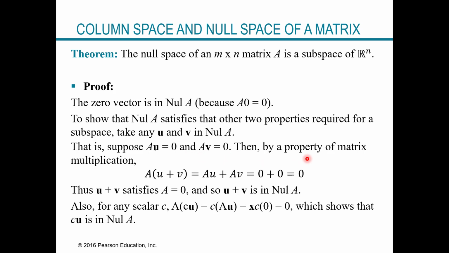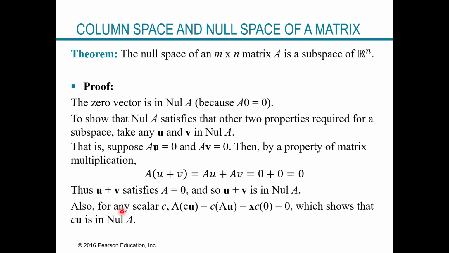Then, by our property of matrix multiplication, which we've used in the past, A times the sum of u plus v can be written as A times u plus A times v. Since they both equal 0, then the result is 0. So this satisfies our equation, A times (u plus v) equals 0. And so therefore it is satisfying part 2 of our subspace requirement.